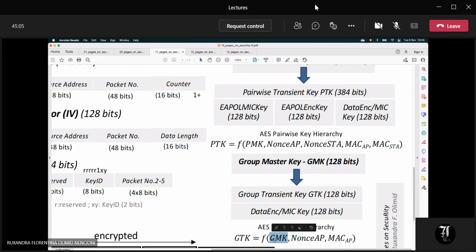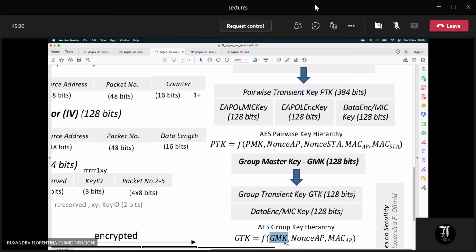I think it's a PRG, a pseudo-random generator, and if, let's say, the entropy is decreased to 32 bits, the GMK is also impacted directly. Yes, because this is also generated by the access point. So this is what I was expecting to say, no?